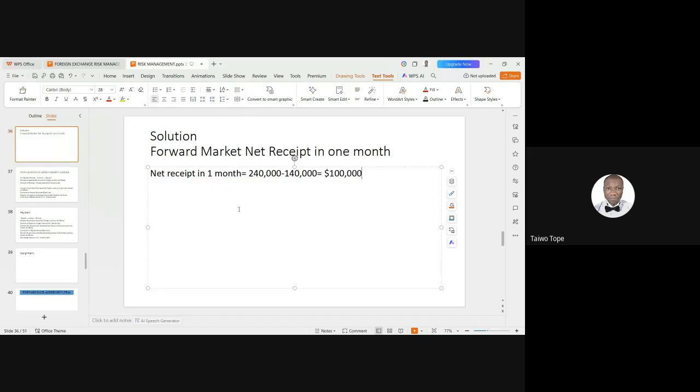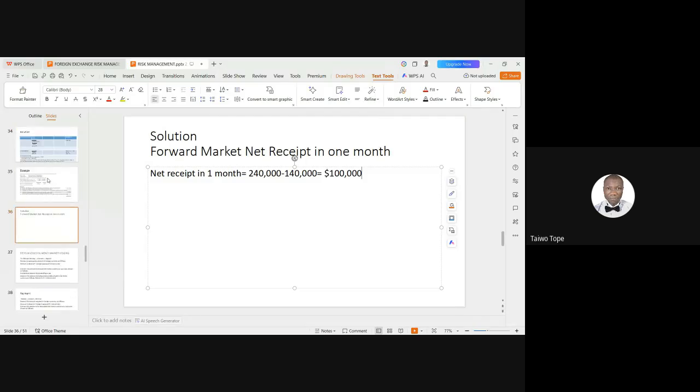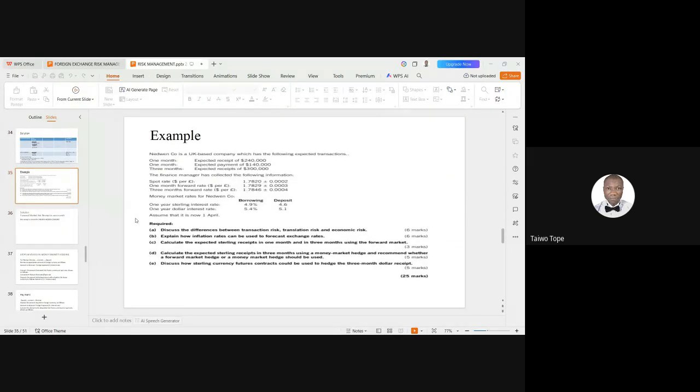So now, from the question, calculate the expected sterling receipt. You are expected to receive dollars, but your own home currency is pound sterling.